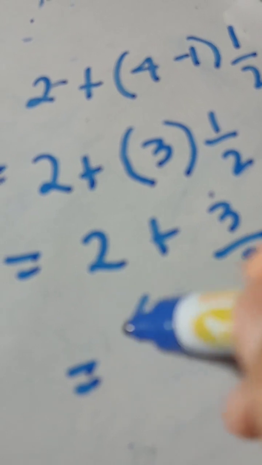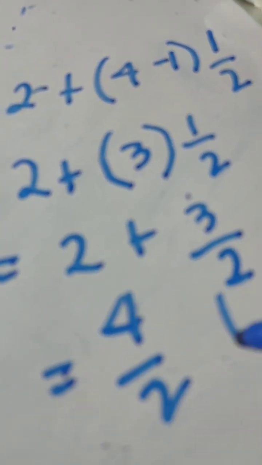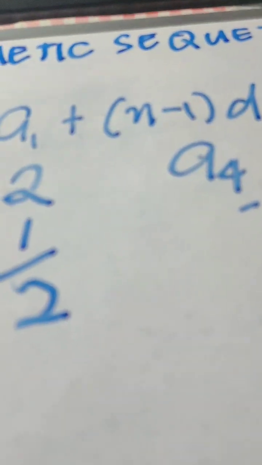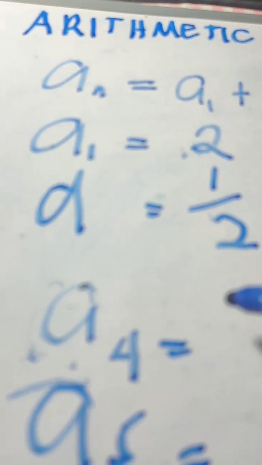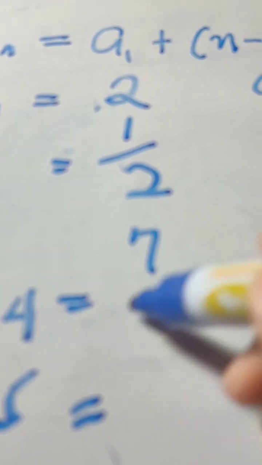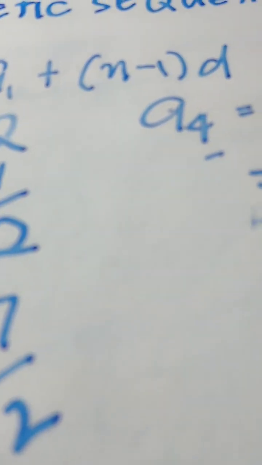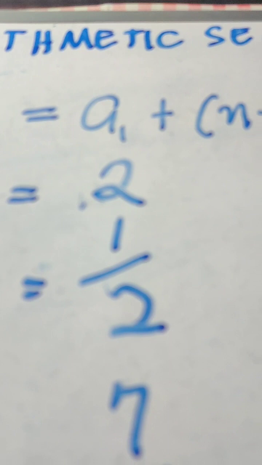So, it is 4 halves plus 3 halves. That gives us 7 halves. Okay? So, our a sub 4 is 7 halves. So, we'll write it here, 7 halves. That is the next term.